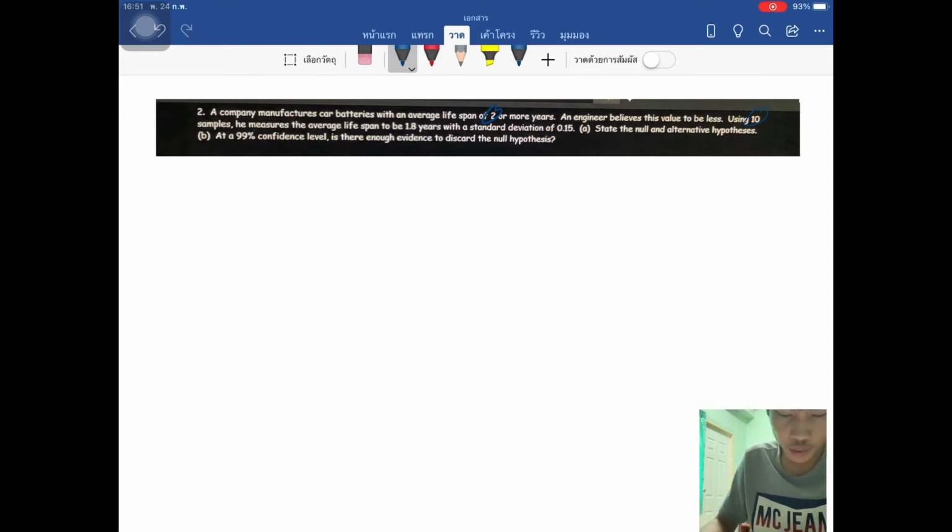He measured the average lifespan to be 1.8 years with a standard deviation of 0.15. A. State the null and alternative hypotheses. B. At a 99% confidence level, is there enough evidence to discard the null hypothesis?